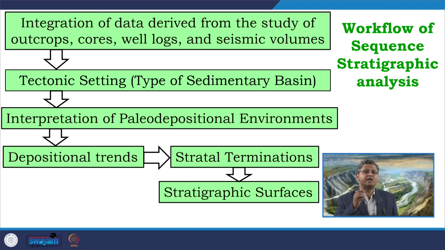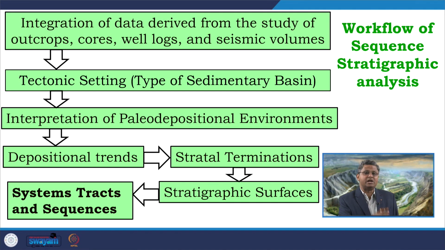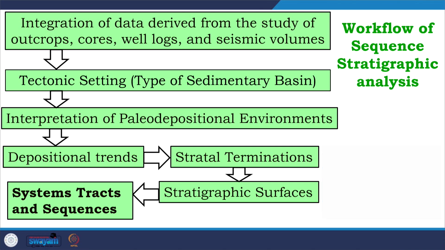Surfaces which are important in sequence stratigraphy can be a sequence boundary, or a systems tract boundary. So, from there we try to interpret the sequence stratigraphic elements in terms of different systems tracts and sequences. So, in sequence stratigraphy, our work follows this kind of workflow pattern.